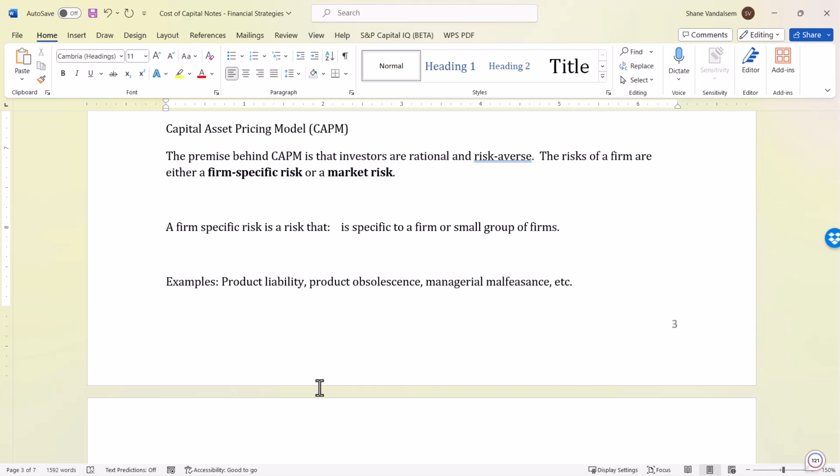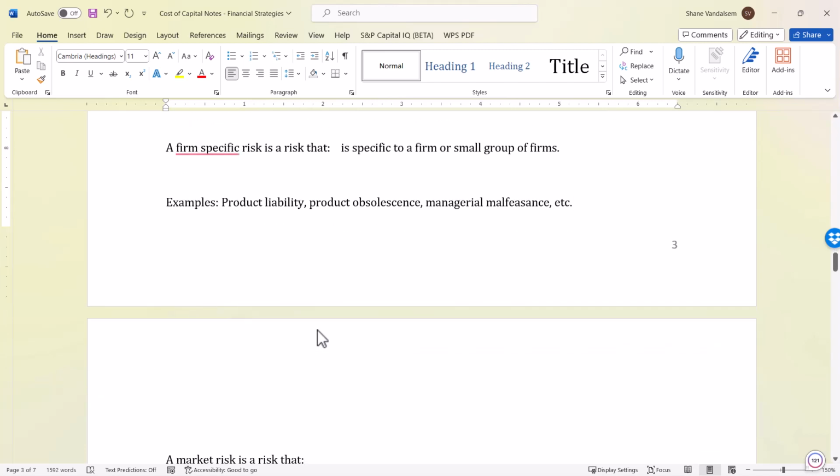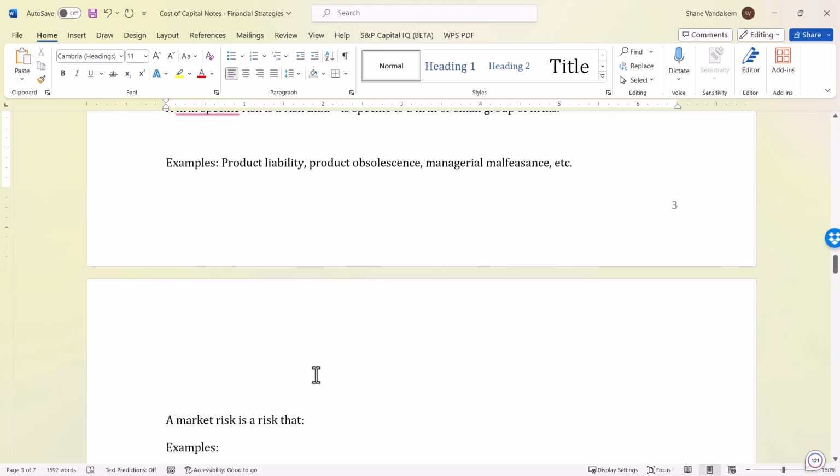This is a firm-specific risk because it does not impact Airbus. It does not impact Lockheed Martin, the other competitors to Boeing. In fact, they're probably going to do a little bit better because they are not having the problems that Boeing's having. So that would be an example of a firm-specific risk. A market risk is a risk that affects most companies that are out there.